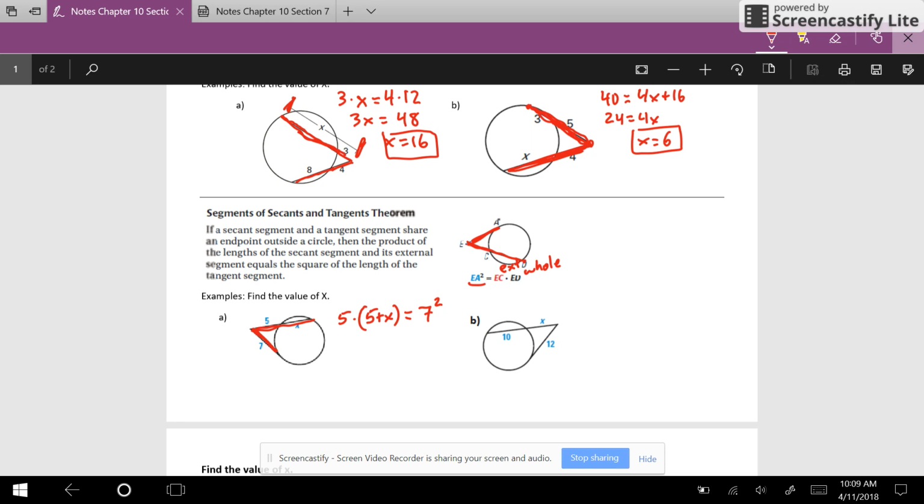On the left side, I have some distributing to do. We can subtract 25. 49 minus 25 is 24. Divide that by 5. X equals 4.8.